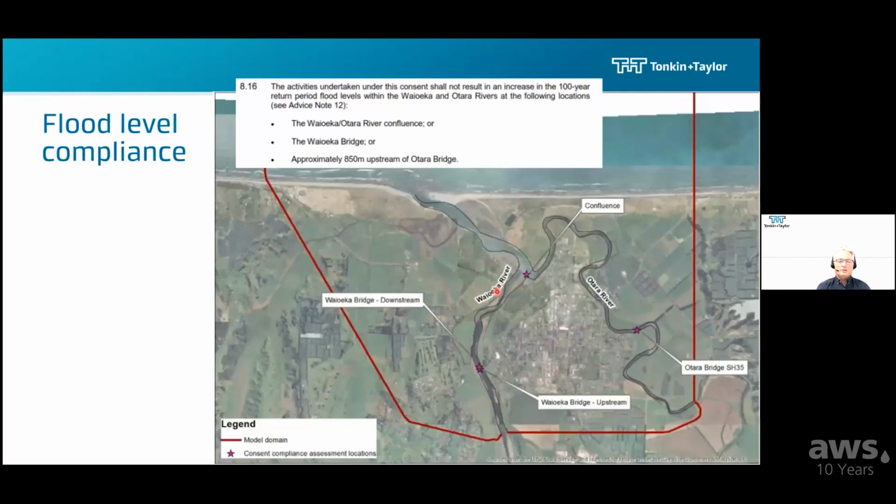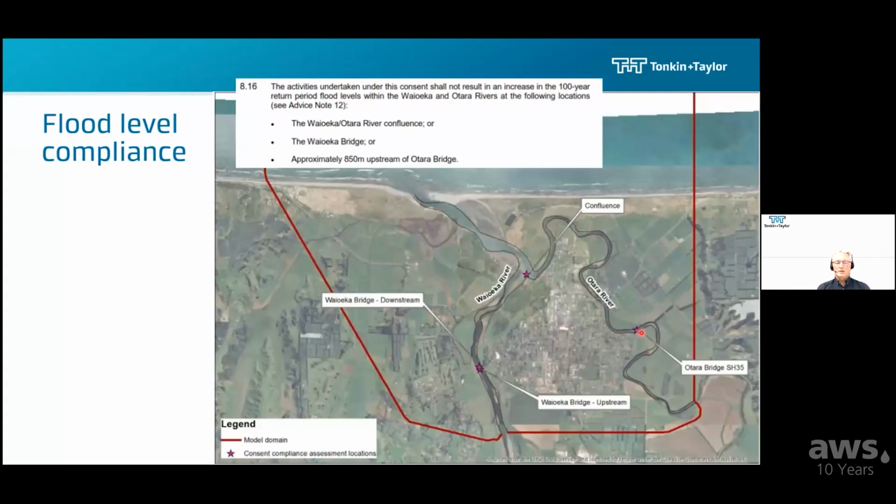We were able to consent, which means get permission, for the detailed design and construction of this new river mouth. On this image, the new mouth comes along this alignment here. There were some conditions of that consent, and one of them, which I've quoted here, was to not increase the flood level in a 100-year return period flood, or a 1% annual exceedance probability event, at 3 locations, and these are marked by these stars here.